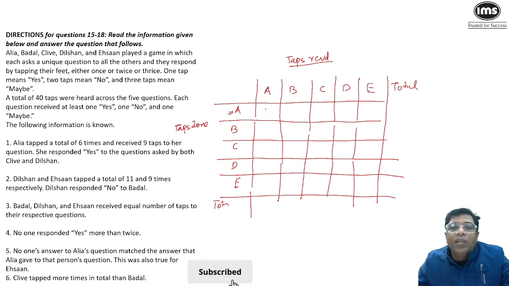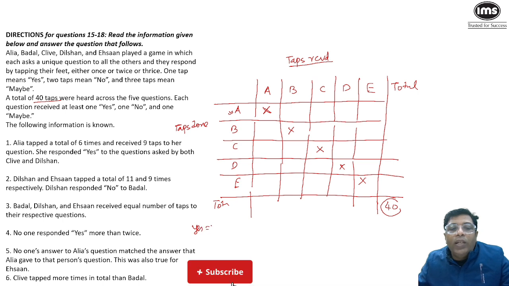And I will put a cross in front of A because A cannot answer his or her own question. Same for B, C, D, and E. And the total number of taps has to be equal to 40. This is clearly given over here.